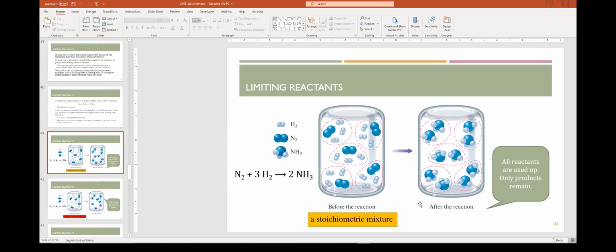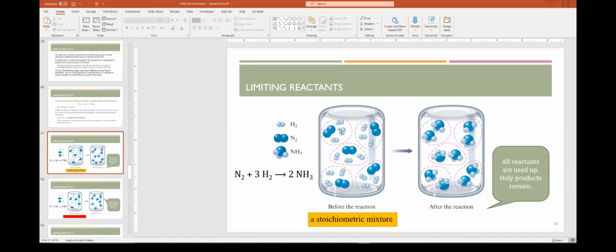So if we look, for example, at a stoichiometric mixture, looking at a figure I took from the textbook here, every 1 mole of nitrogen is reacting with 3 moles of hydrogen. You see how everything is kind of nicely grouped here? So 1 mole of nitrogen, or 1 nitrogen molecule, 3 hydrogen molecules. 1 nitrogen, 3 hydrogens. If everything can be grouped exactly in a perfect ratio like that, that's called a stoichiometric mixture.